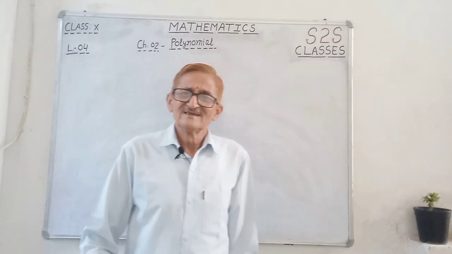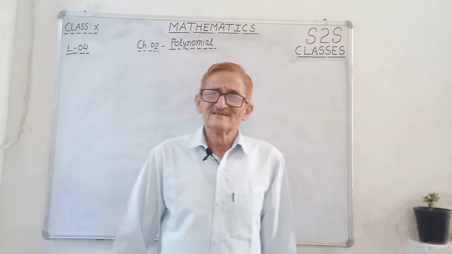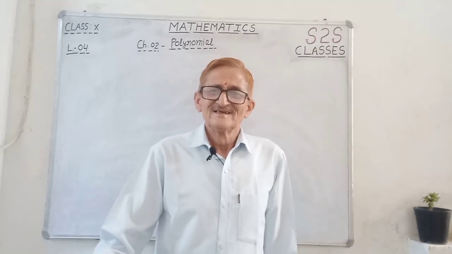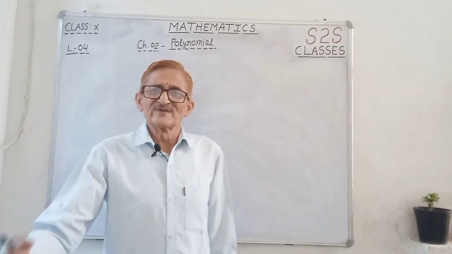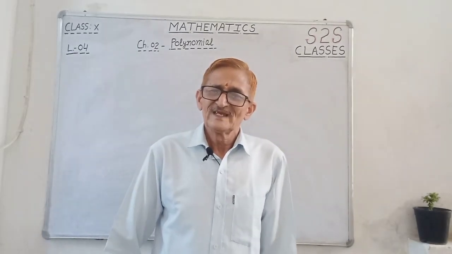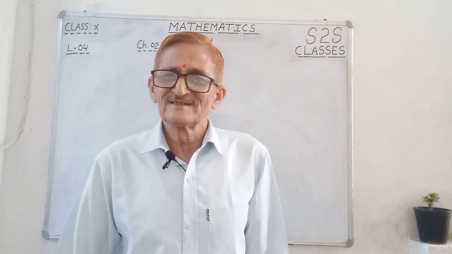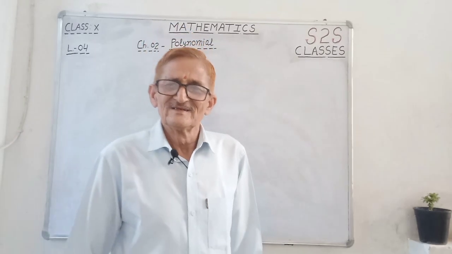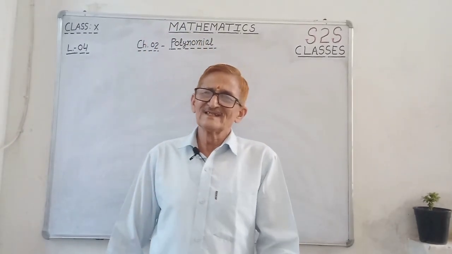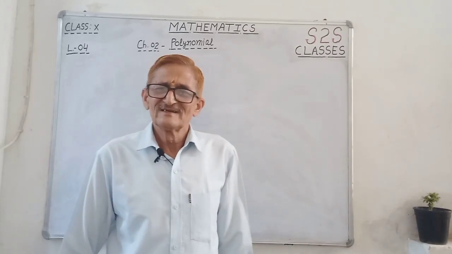As in a rectangle, the length is 1 more than twice its breadth. Express this statement in algebra. So here two quantities are there: one is the length, other is the breadth.